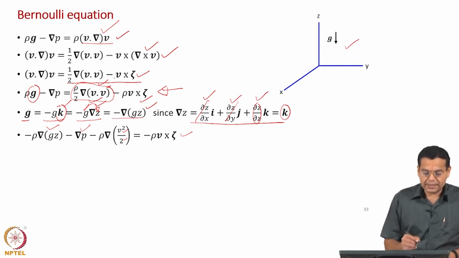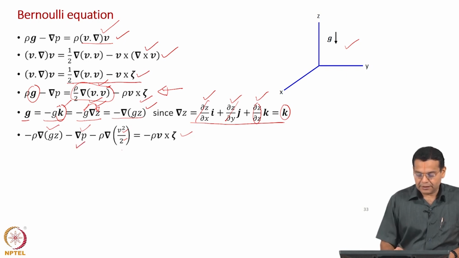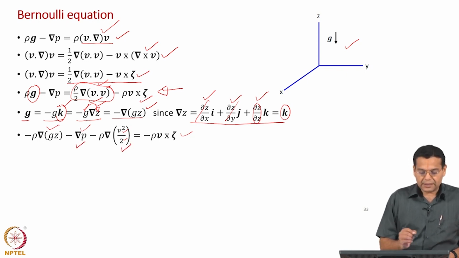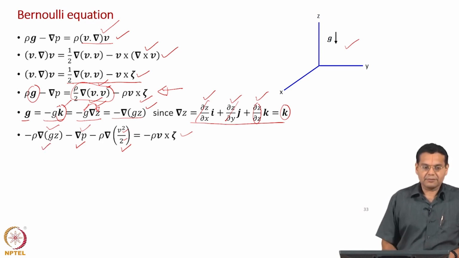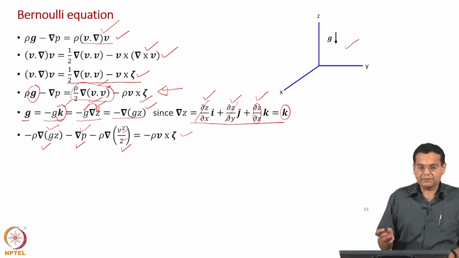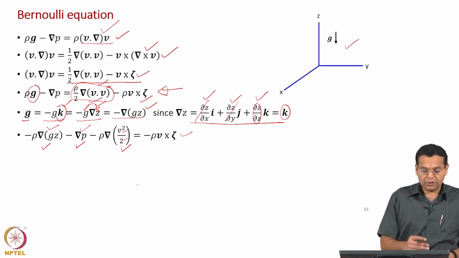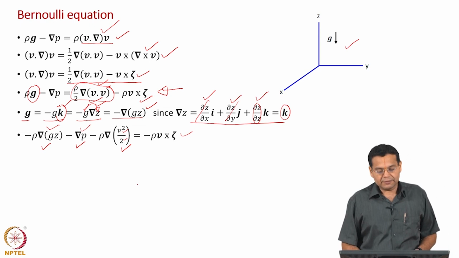That is the reason, see, we have gradient of p here, we have gradient of v squared by 2, that is why g vector is also expressed as gradient of g z. You may be wondering why express g in terms of a gradient of g z. This is the reason: you have gradient of pressure, you have gradient of v squared by 2, and so we also like to express g vector in terms of gradient of g z.